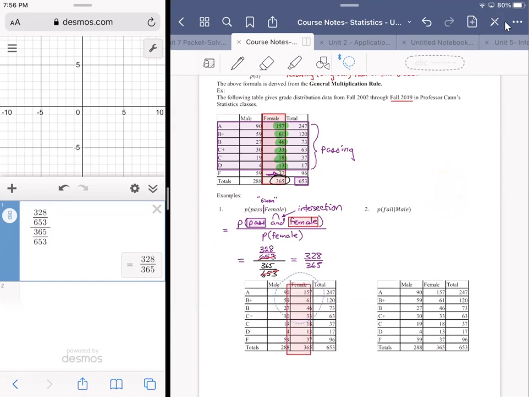And I'm really only looking at this group of individuals and the subset of people from that group that passed. My drawing tool didn't work there.